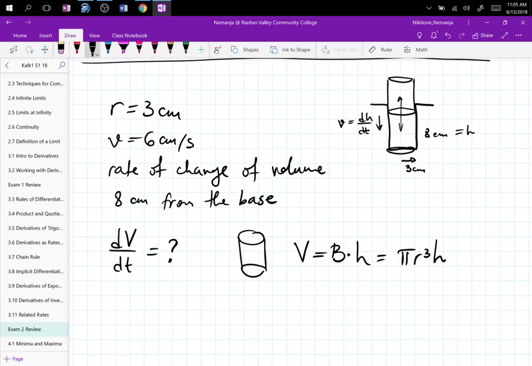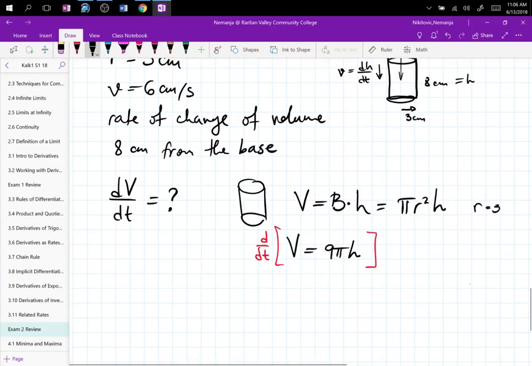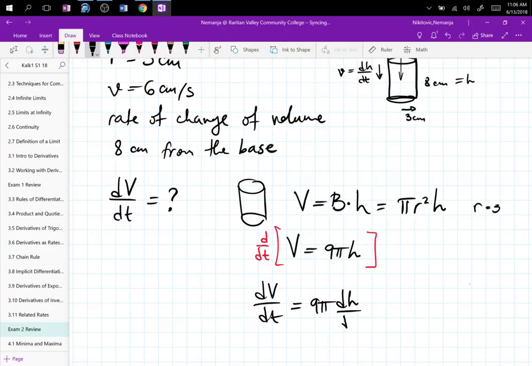I said squared and I put cube. There we go. The radius is 3 and it's a cylinder, so that's fixed. So the volume in this case is going to be 9 pi h. And when I hit this with a time derivative, we have dV/dt equal to 9 pi dh/dt.